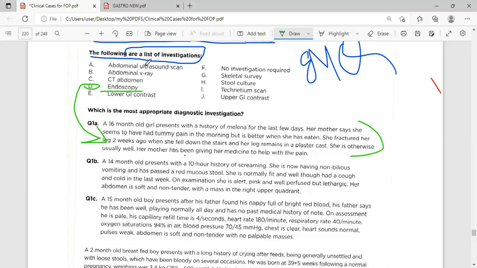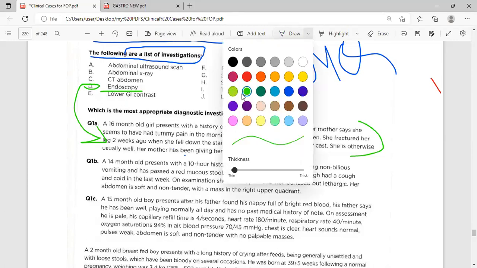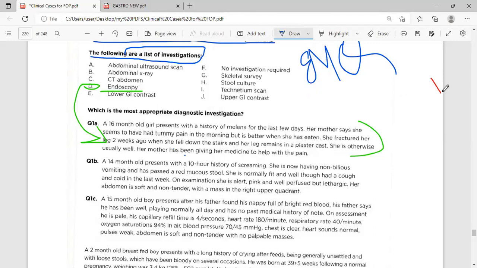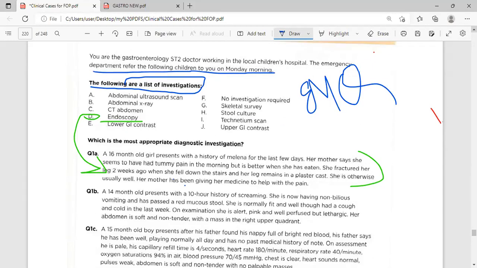Now let us move to our next question. Everybody is clear with the first one? Why does the pain improve on eating in duodenal ulcer and the opposite in gastric? I'm not sure of the answer, but this is the way you can differentiate clinically.